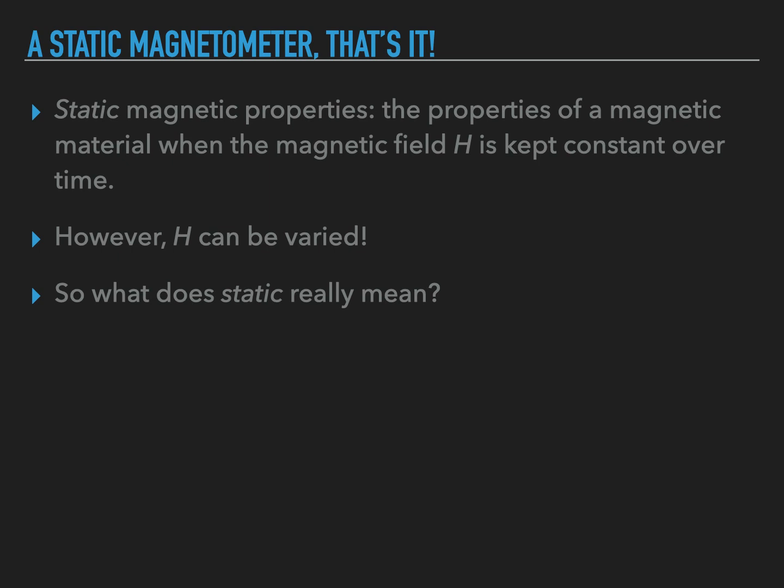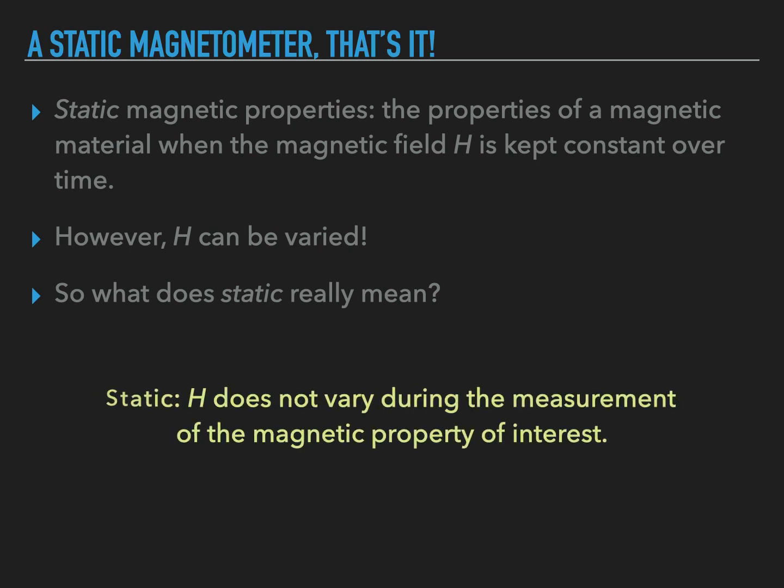We are going to focus our attention even more to just the magnetometers that are called static. This means that they measure the magnetic properties of matter while the magnetic field is kept constant over time. This does not mean that the magnetic field cannot be varied. So, what does static really mean?